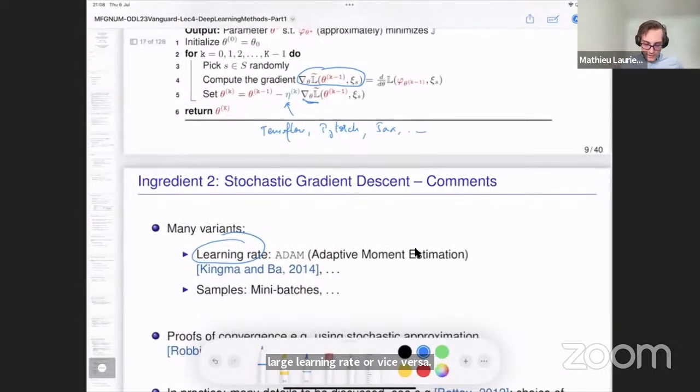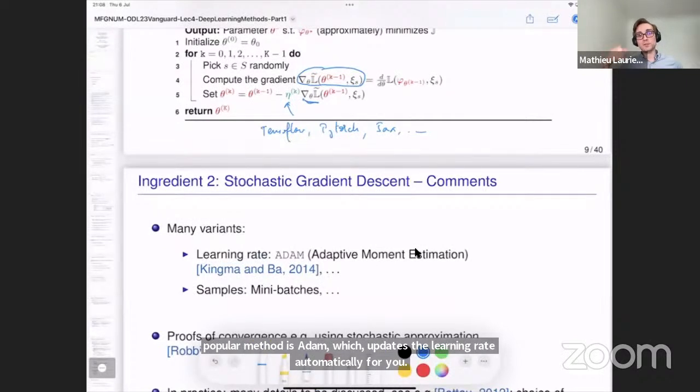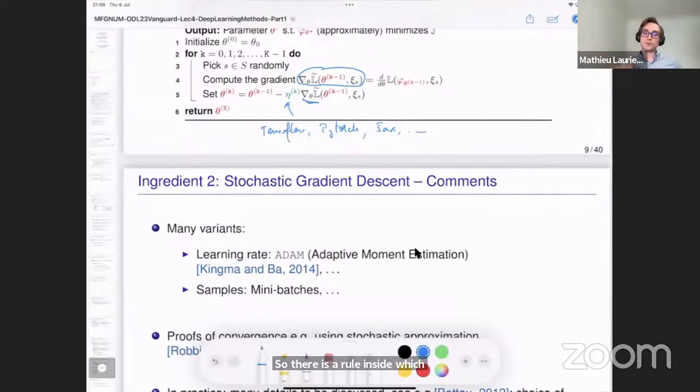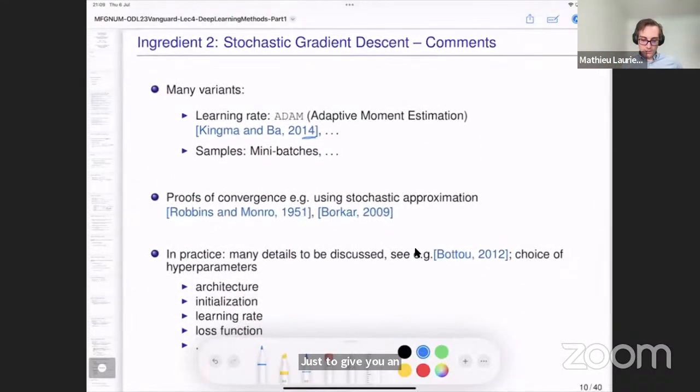One popular method is Adam, which updates the learning rate automatically for you. There is a rule inside which chooses the learning rate for each iteration, and for each parameter you may have a different learning rate. Just to give you an idea, this paper is from 2014, and I checked yesterday: it's already cited something like 150,000 times.